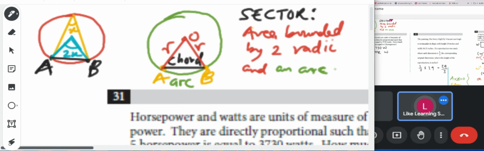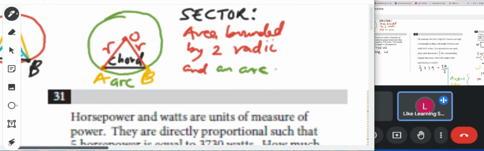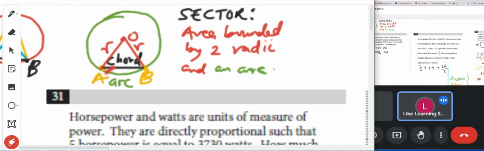Now, just like we have sector, we also have segment. A segment is where you have a chord and an arc.